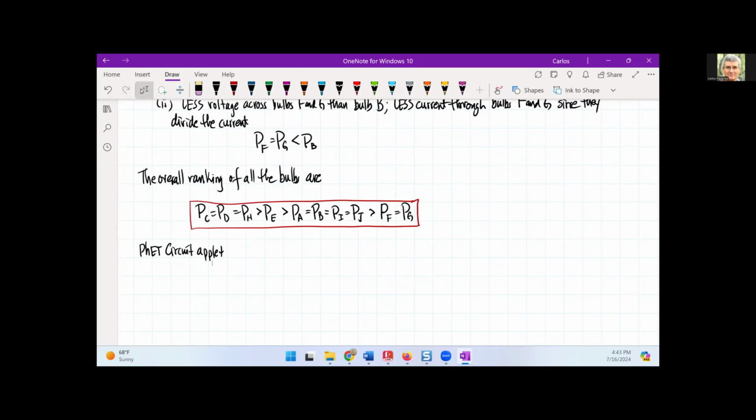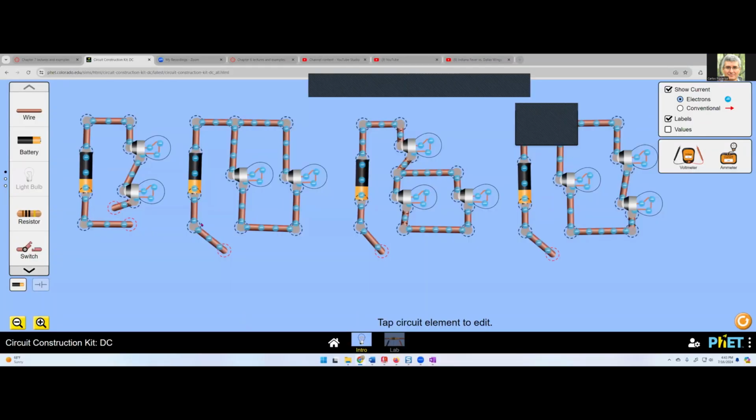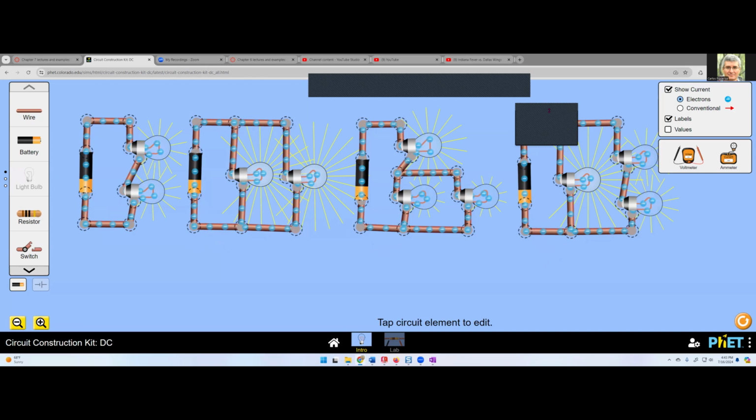So let me go turn this guy on. So here it is. All I have to do is look at the switch here. So there's that switch, this switch, that switch, and then that switch right there.